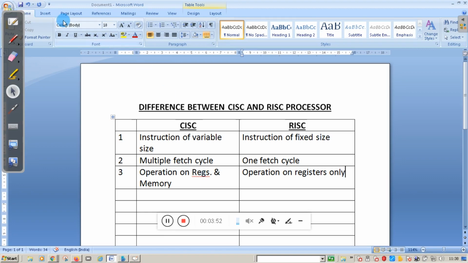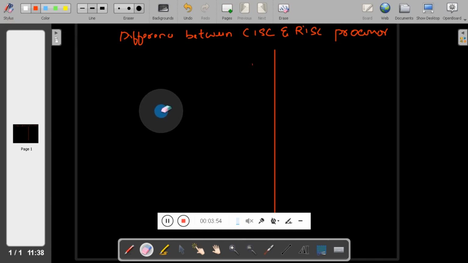For example, let me take you to the blackboard. In a CISC processor, for example 8086, we have the instruction ADD AX, BX.